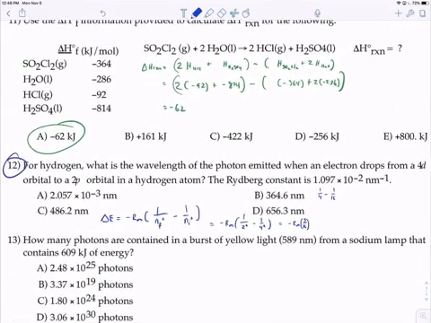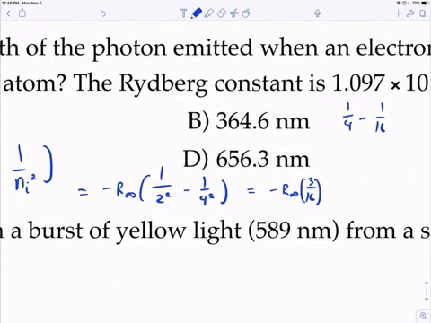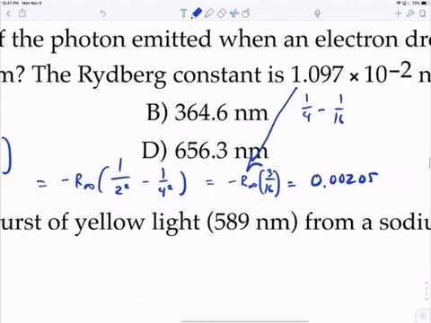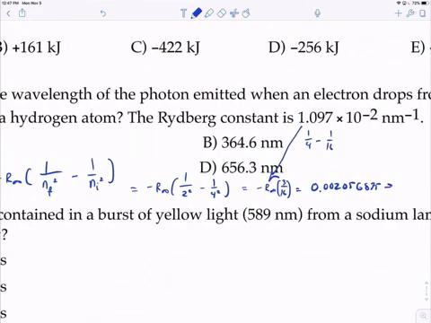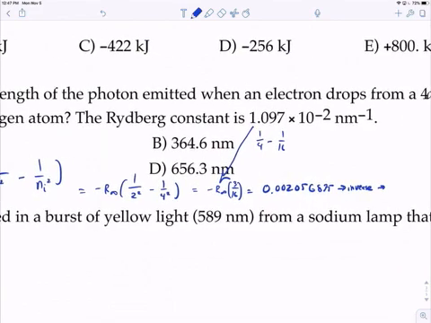I think this is the easy way. Yeah, then you put this in with this Rydberg constant, and you get 0.02056875, and then you have to invert that, take the inverse, and you get 486 nanometers.